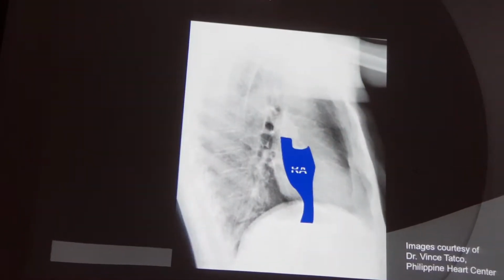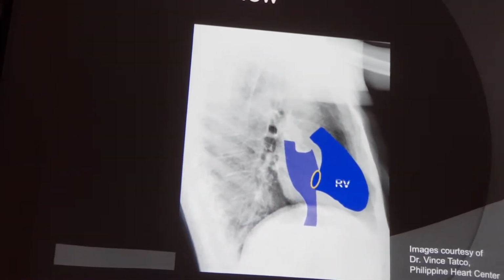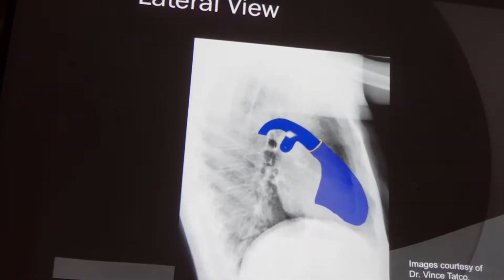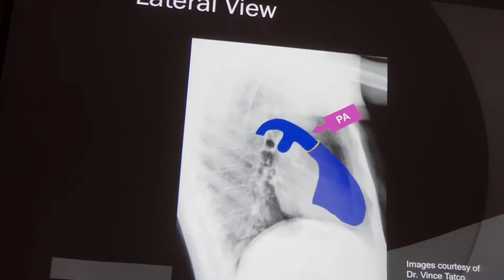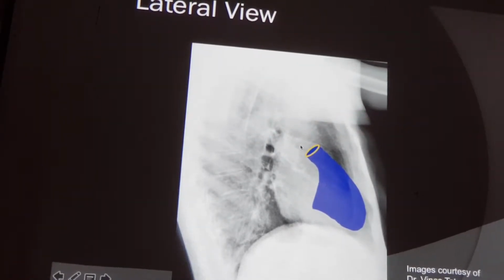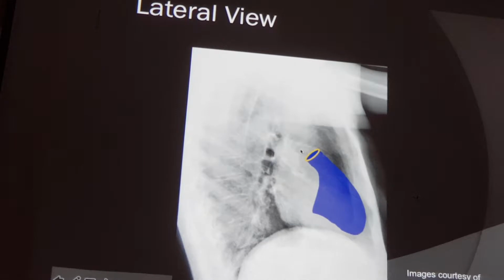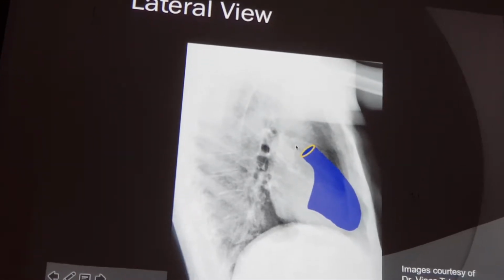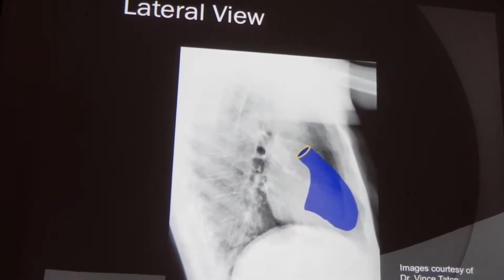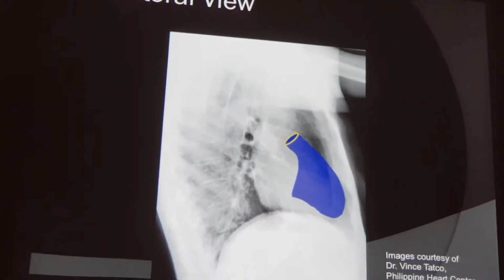So here again, right atrium, and there we have your right ventricle. Pulmonary arteries. The problem with the pulmonary arteries, particularly in pediatric patients, is that your vessels are thin and fast, so if you are not experienced, you may mistake them for pulmonary hilar lymphadenopathy.